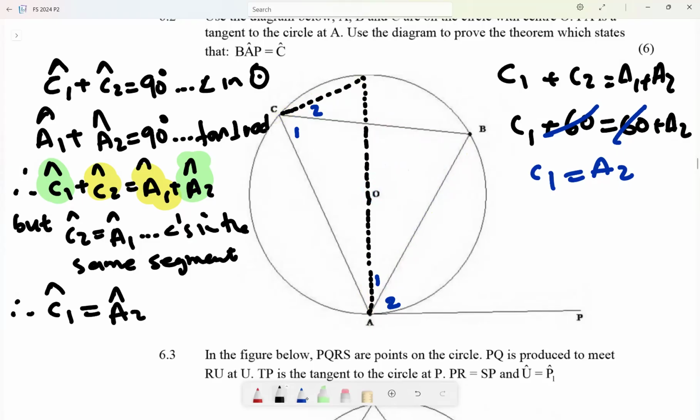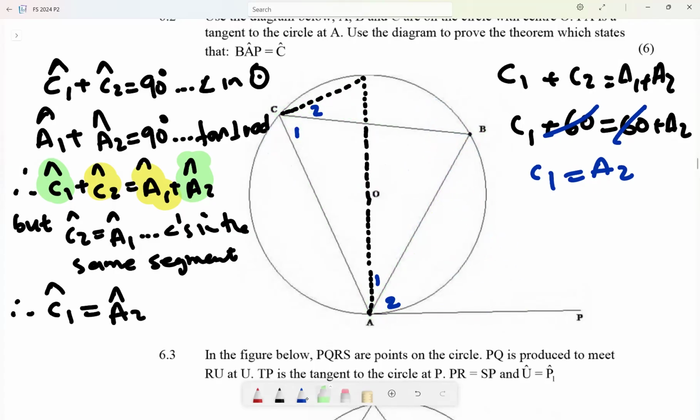Let's see if C1 and A2 are the angles that they're looking for now. C1, yes, C1 is angle C. And A2, yes, A2 is BAP. Can you see that? We have proven that. So you are done.